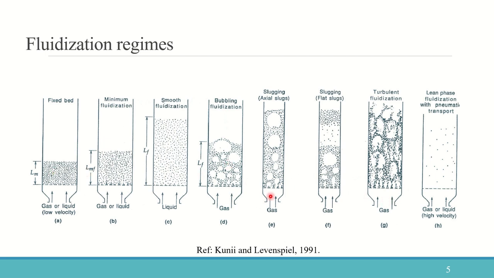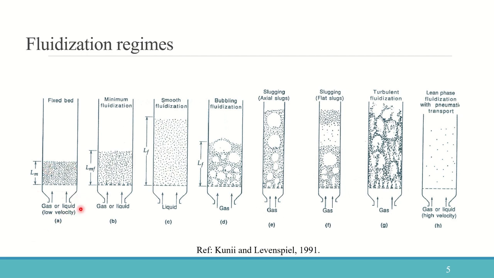With increase in velocity, we have seen that the fluidized bed is obtained. With certain further increases in velocity, we can observe different behavior inside the fluidized bed. That is what is shown over here. We call these the fluidization regimes. This is the packed bed, and as you can see, the bed height remains the same.